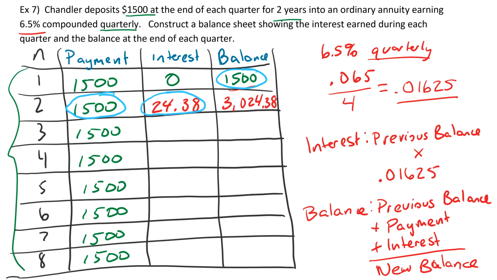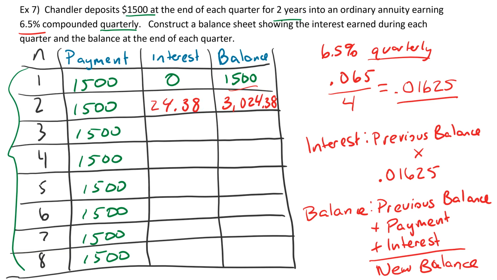Once we get that row done, we're just going to continue on the same exact way for all of the other rows. It's going to be the same thing. There's not going to be any difference other than we're using new numbers. That's really it.